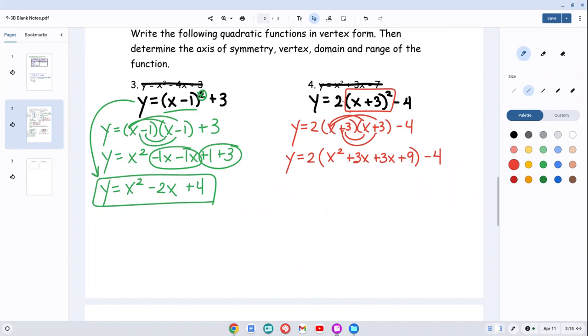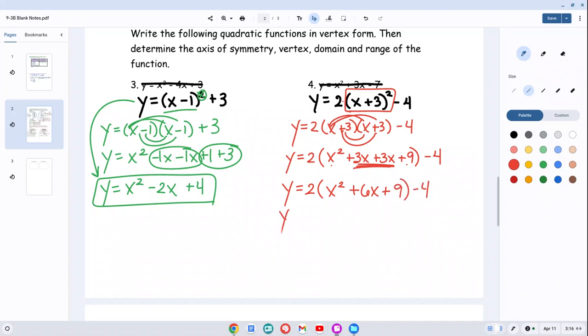So I could distribute the 2 right now to these 4 terms, but I'm going to take the step and combine these 2 middle terms, so I only have to distribute through 3. So keep the 2 out in front. X squared plus 6x plus 9 minus 4 on the outside.